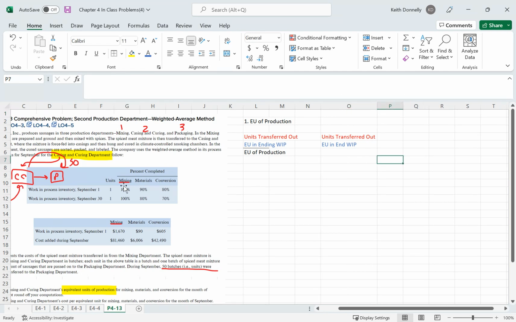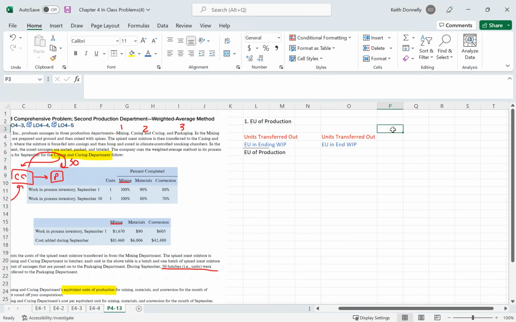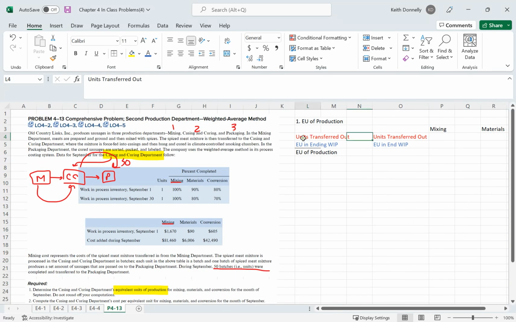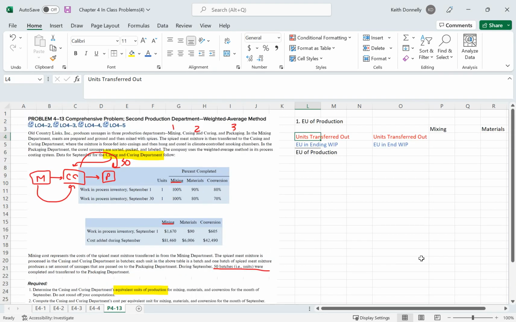All right, so what we have to do here in this case is they want it for mixing, materials, and conversion. Now they told us in the facts, if we're going to start here with units transferred out, that we completed and transferred out 50 batches.